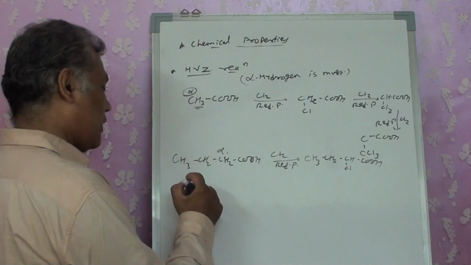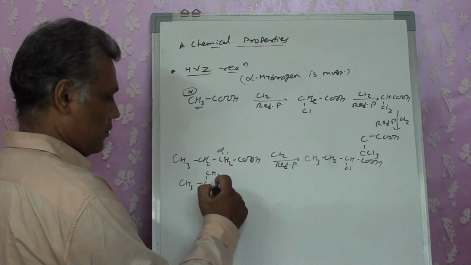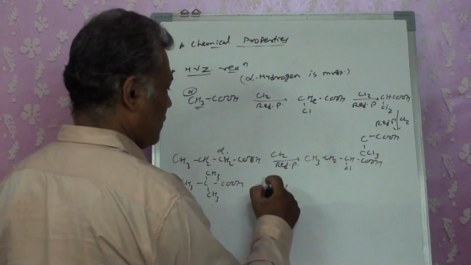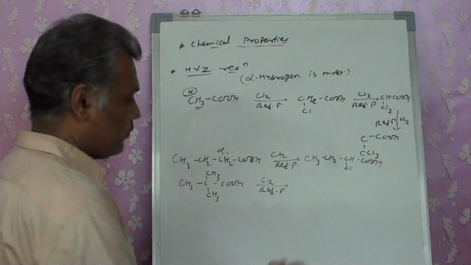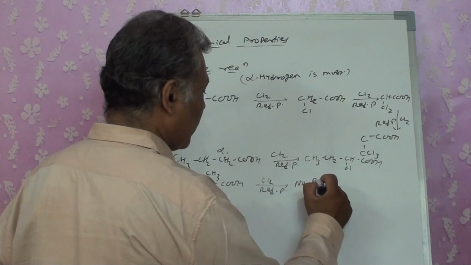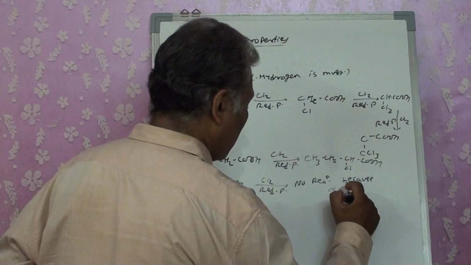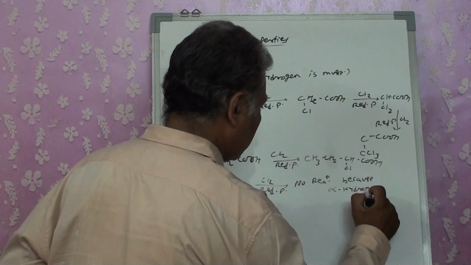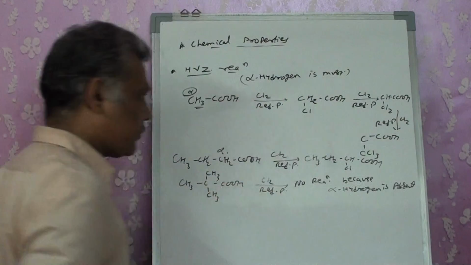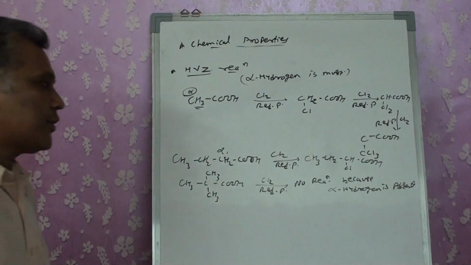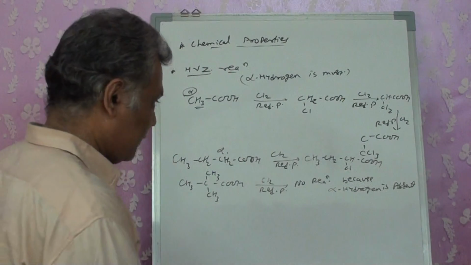But in place of that, if I have an isomer, with Cl2 and red phosphorus, then what will be the product? No reaction, because alpha hydrogen is absent. So this particular reaction is only for alpha hydrogen containing compounds.